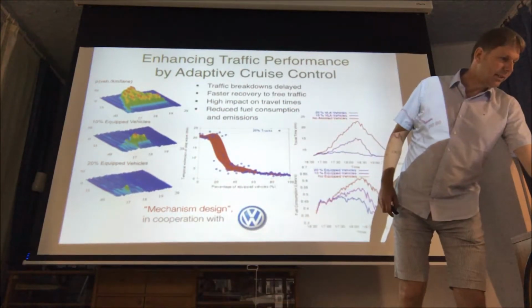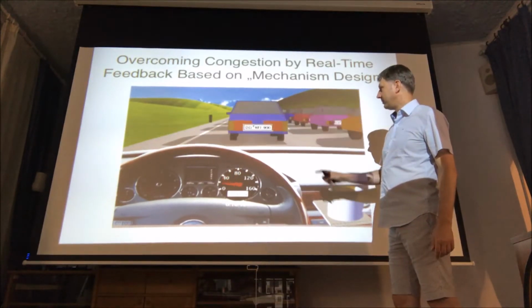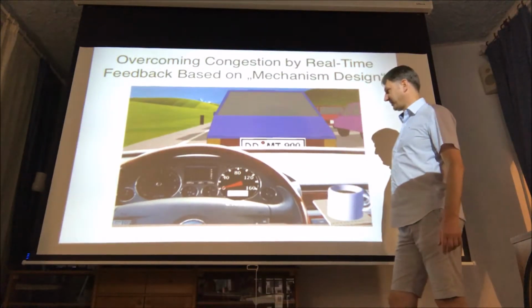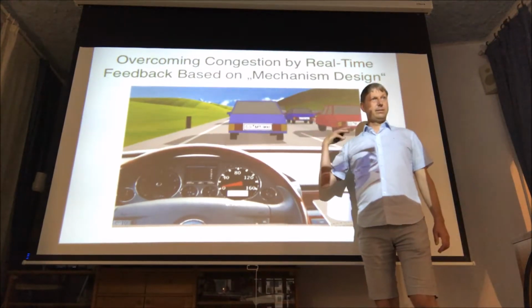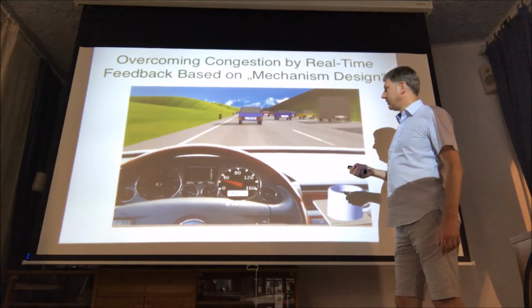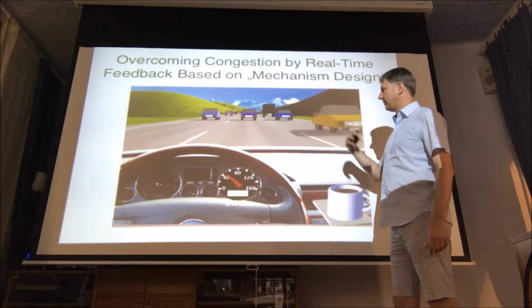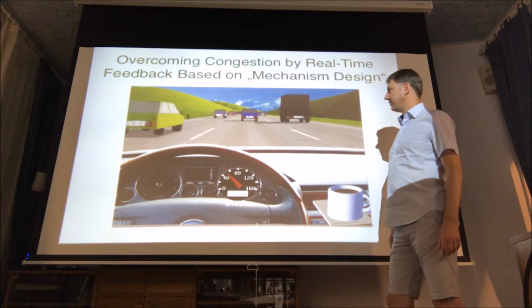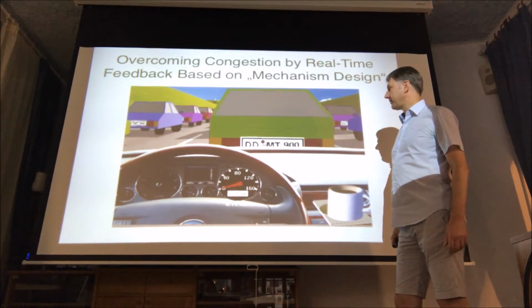And here you can see a simulation, nicely done by Martin Treiber in Dresden. So we are now simulating those equations I showed you before. It illustrates that we can understand and simulate the stop-and-go traffic that we experience more or less every day.